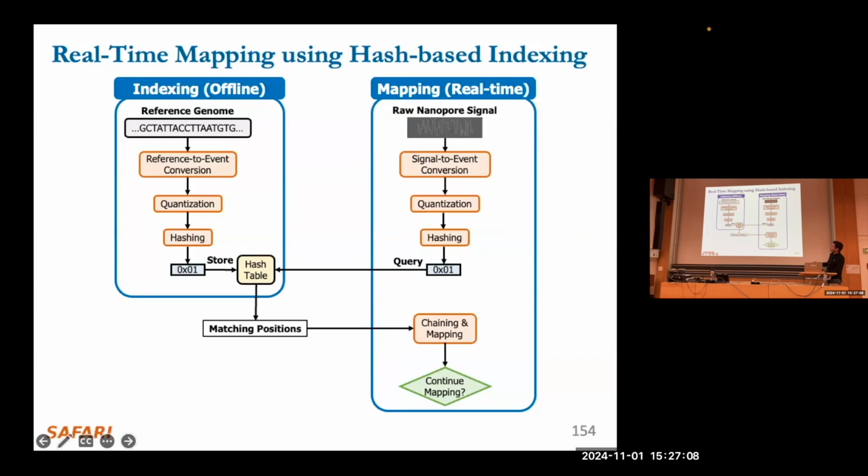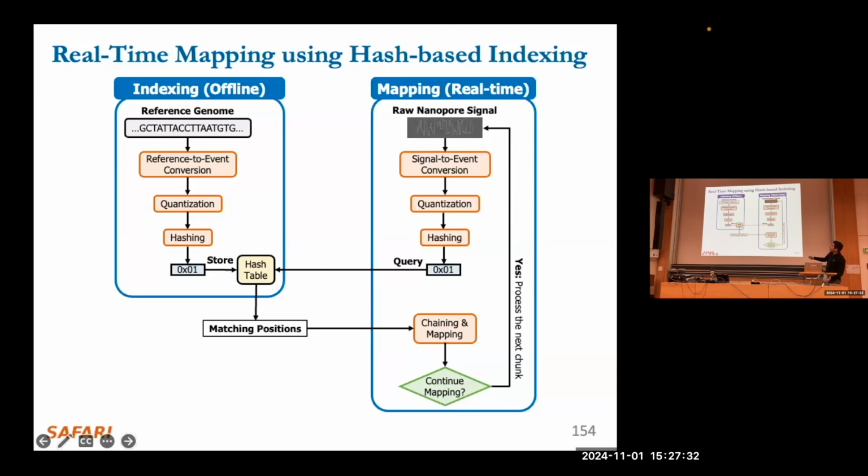Given the chaining and mapping information that we generated so far, do we want to keep sequencing, or keep mapping this particular data? Maybe we're still not confident enough to tell, okay, we want to stop sequencing. If that's the case, if the answer is yes, we get the next chunk of data. Remember, these are generated in real time.